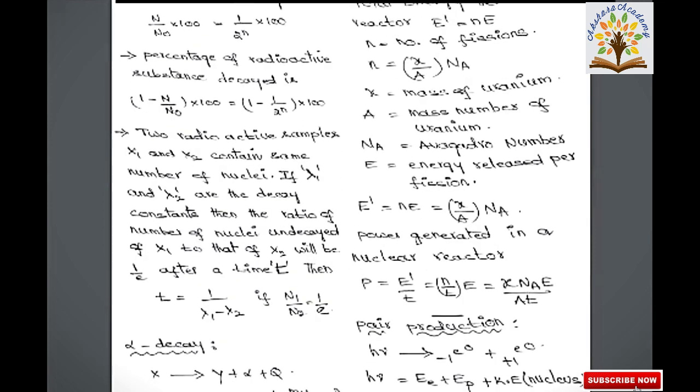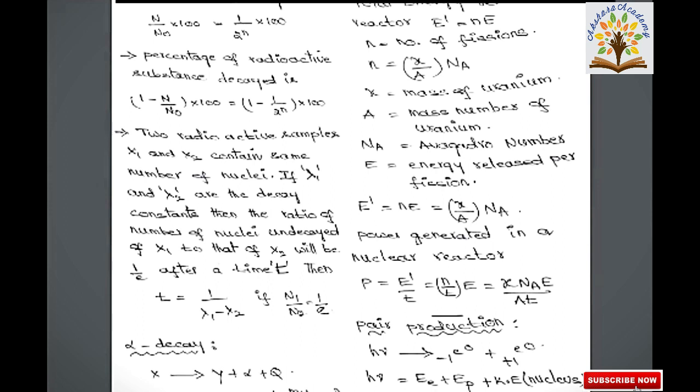Two radioactive samples, X1 and X2, contain the same number of nuclei. If lambda 1 and lambda 2 are the decay constants, then the ratio of the number of undecayed nuclei of X1 to that of X2 will be equal to 1 by e after time t. Then we can calculate that time t by using t is equal to 1 by (lambda 1 minus lambda 2).